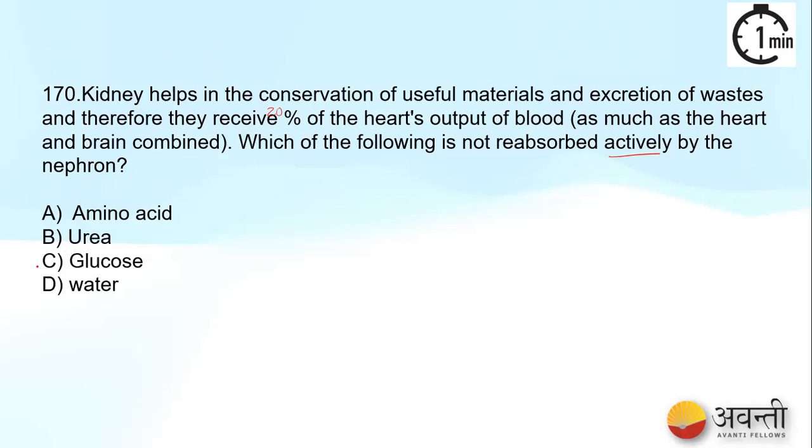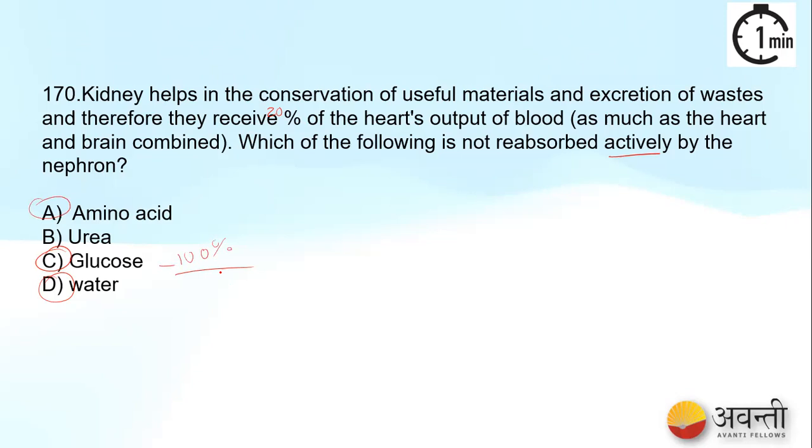Glucose, potassium, sodium and amino acids are actively absorbed by our kidneys. Have you seen any healthy person excreting glucose through urine? It is not possible. Why? Because 100% of the glucose is actively absorbed by our kidney.